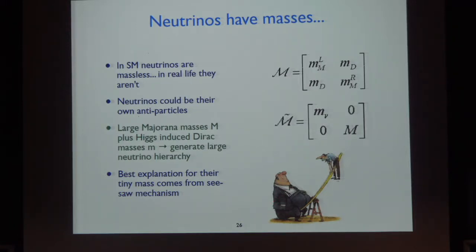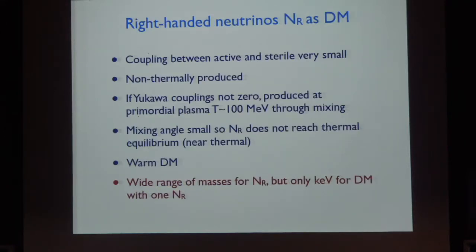You can also generate neutrino masses radiatively, or through non-renormalizable interactions, which would be non-renormalizable in the standard model, but perhaps renormalizable in a more complete theory. So this is the one that most people use, and it's, let's say, elegant and economical without going to too much trouble, but it's not the only one. And then right-handed neutrinos have been proposed as dark matter candidates.